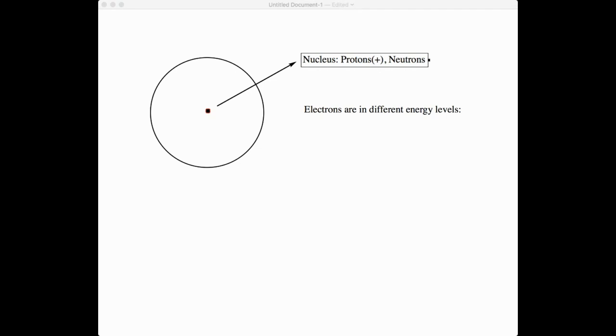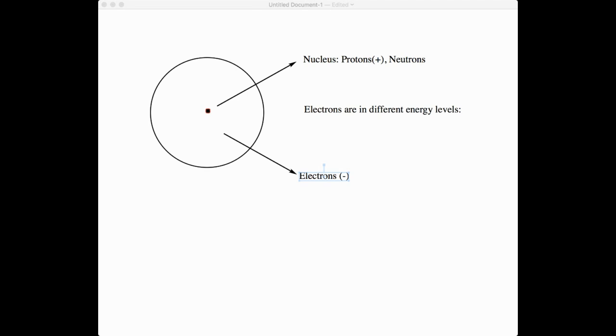And then the nucleus is surrounded by this space, and all this volume is occupied by electrons. And as we know, electrons are negatively charged. So I'm gonna write here now, electrons are occupying the rest of the space, and they are negatively charged.